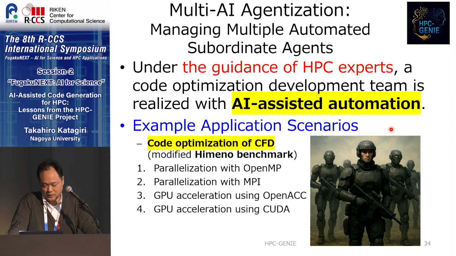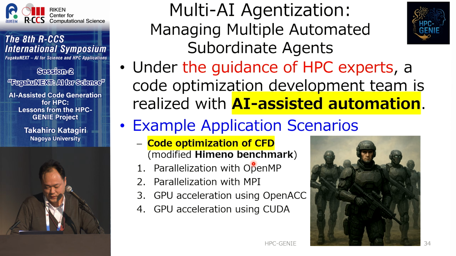It is a kind of special force, but not so automated. The commander is human, and the LLM is a kind of automated robot that does the work. The target is a typical benchmark, the Himeno benchmark, from the CFD area.